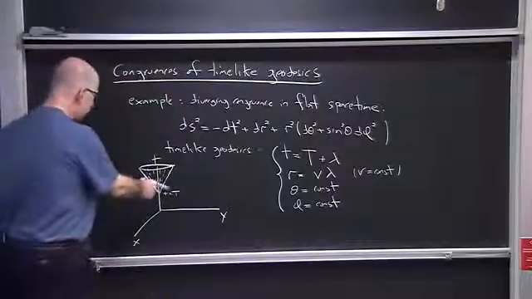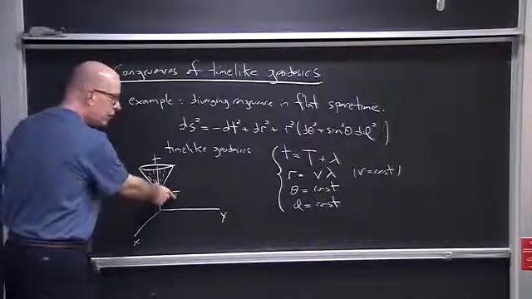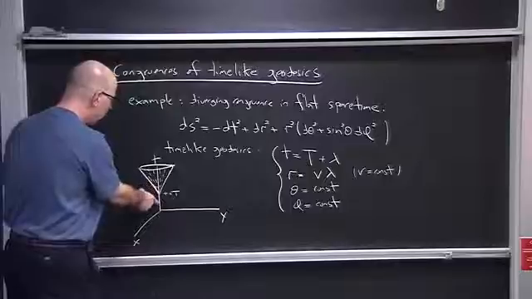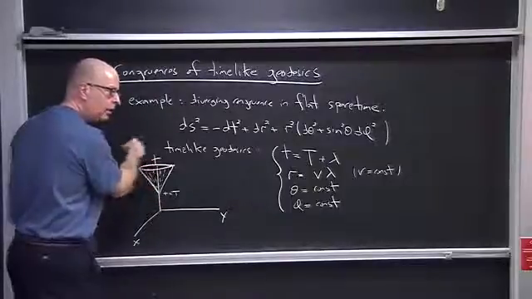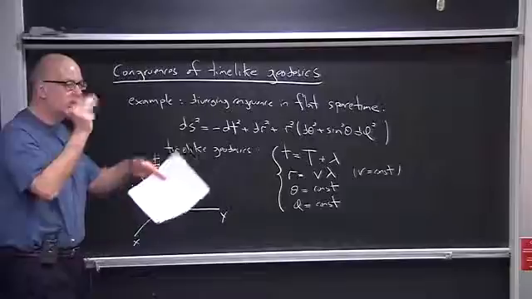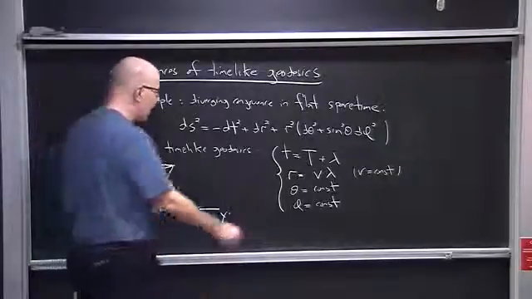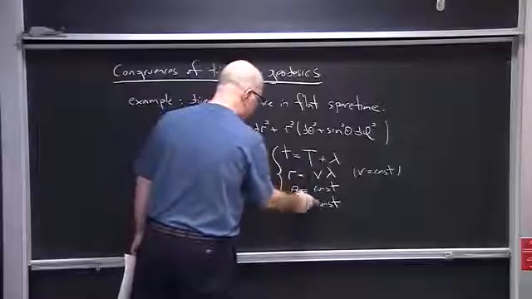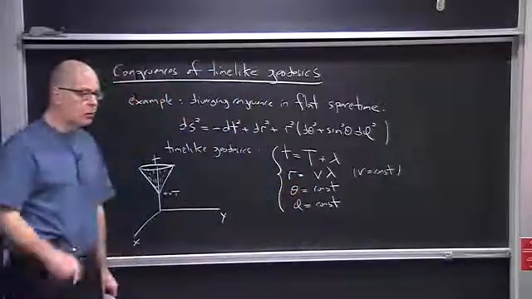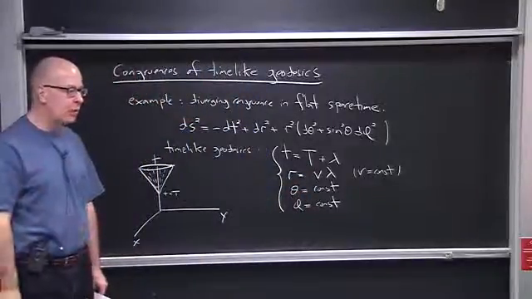And that's one cone, but I can launch a cone at any value of t. So I have the cone here, a cone below, a cone above. So I have a whole sequence of cones like this, and the whole thing forms a congruence. And I have three parameters to label each geodesic within my congruence.